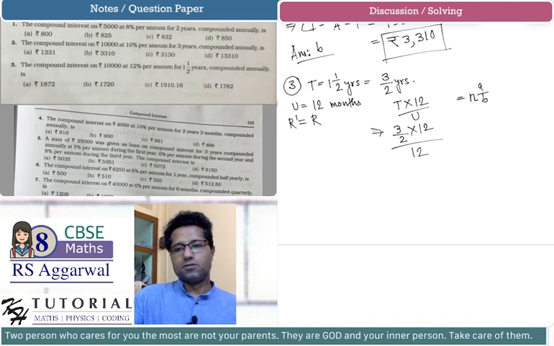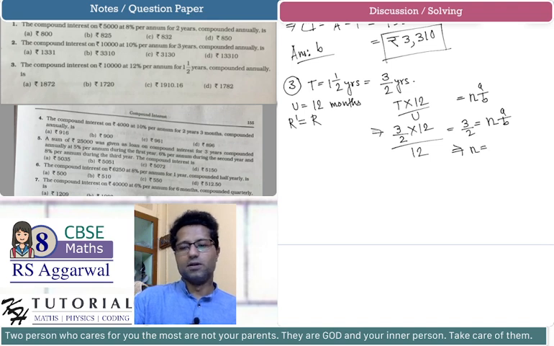So this is equal to 3 by 2, which is n and a by b. This implies that n is equal to 1 and a by b is equal to half, as 3 by 2 is 1 and a half.